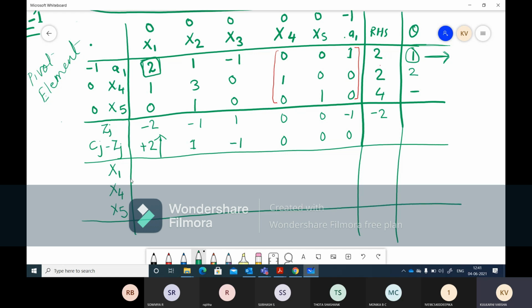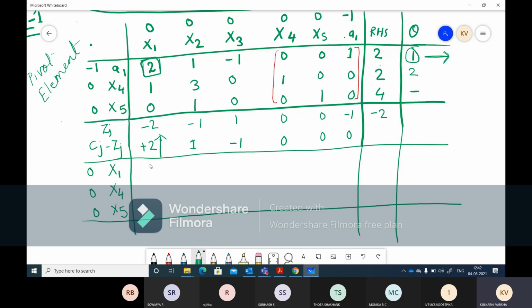So before that, what is the coefficient of x1? 0, x4 0, x5 0, right? So let us calculate these values. What will we get here? All will be 0, but still we need to calculate. And for this x1, which is newly entered right now, how will we do it? The pivot row is divided by the pivot element.